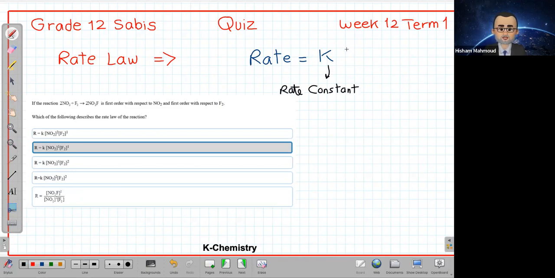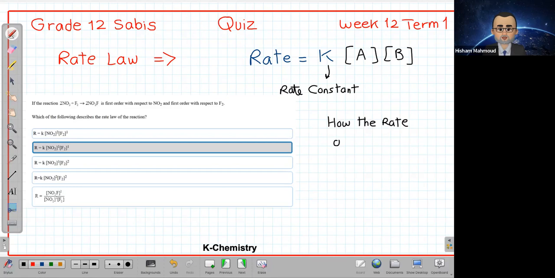Then you multiply this by certain values related to the concentration of A, B, or whatever reactants you have there. This equation gives you information about how the rate of the reaction is affected by the change in the concentration of the reactants.